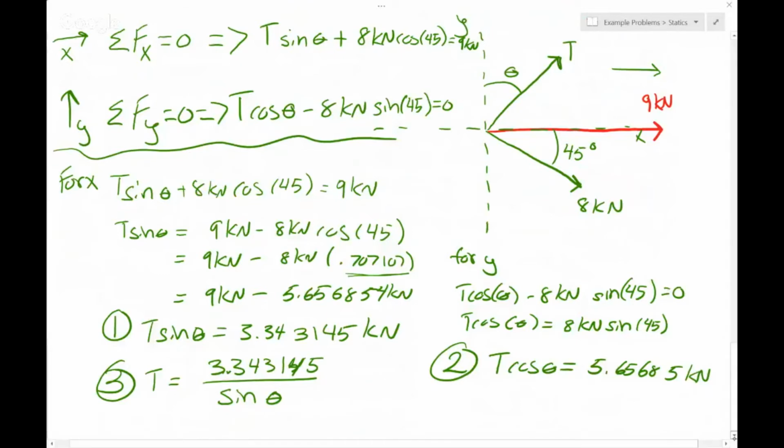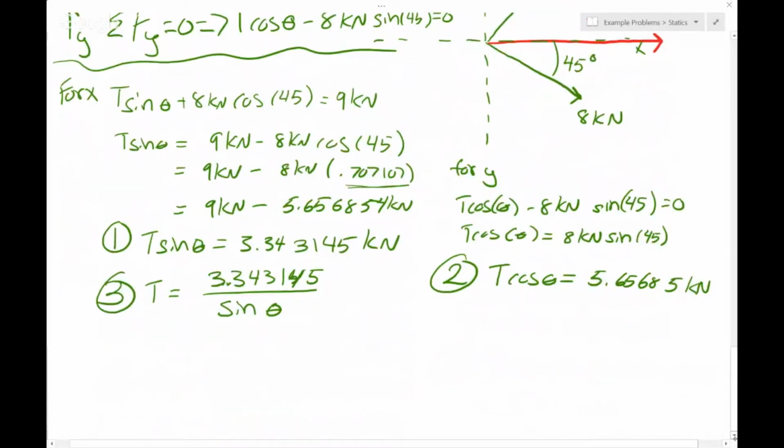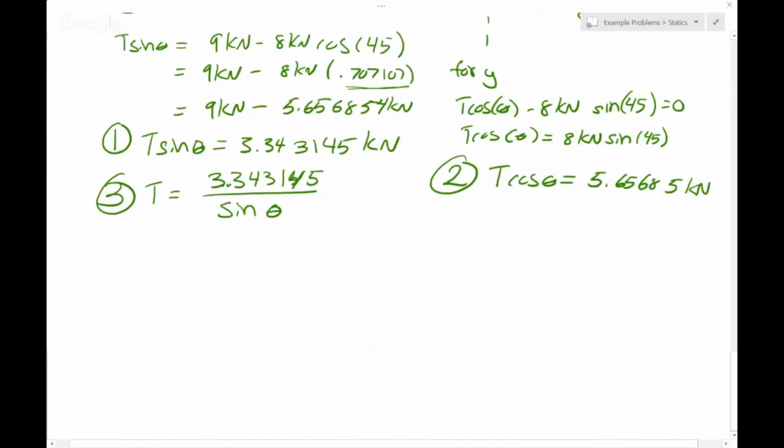And now since we have a cosine and a sine, we can use the trigonometry identity of tangent of theta is equal to sine of theta divided by cosine of theta. So that'll basically just end up being equation 1 divided by equation 2.